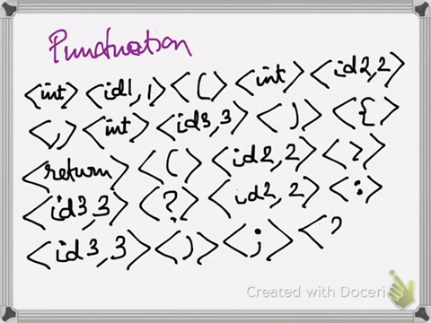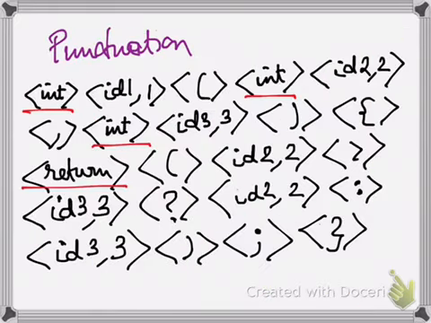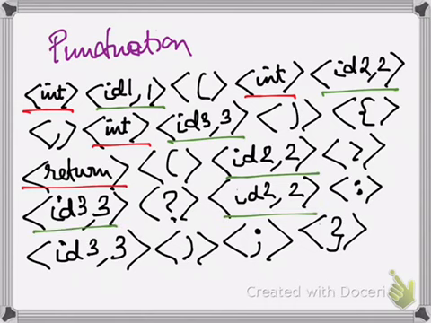and then closing parenthesis. In all of these, by red we are marking the keywords. These are the keywords. Then by green we are marking the identifiers: ID 1, ID 2, ID 3, again repetitions, the same identifier appearing in different places.